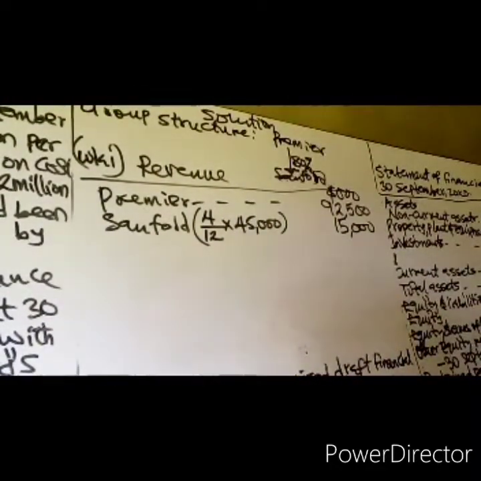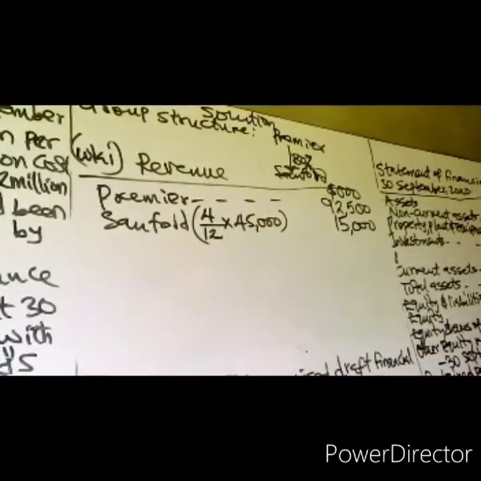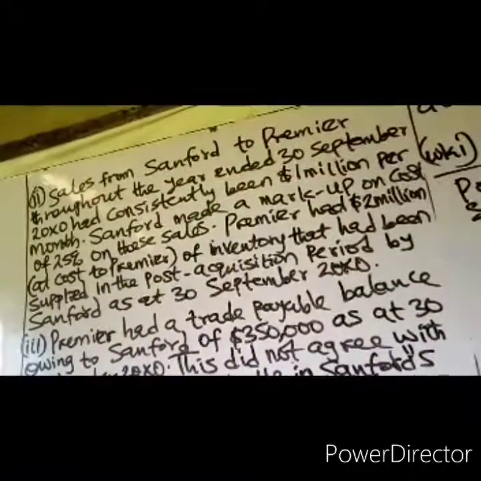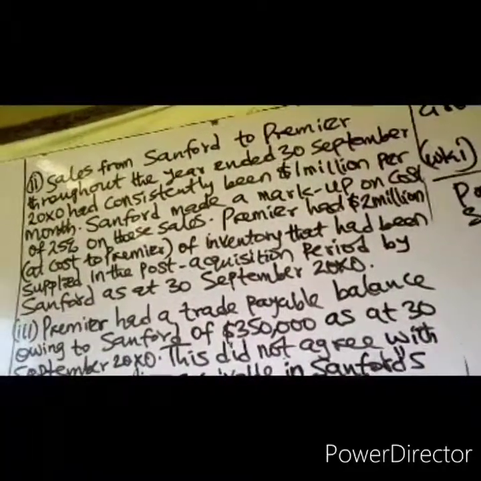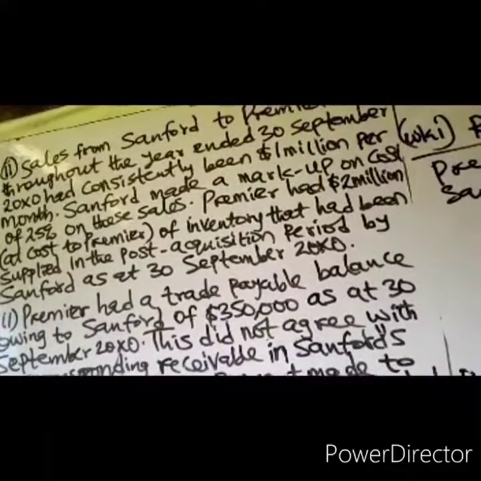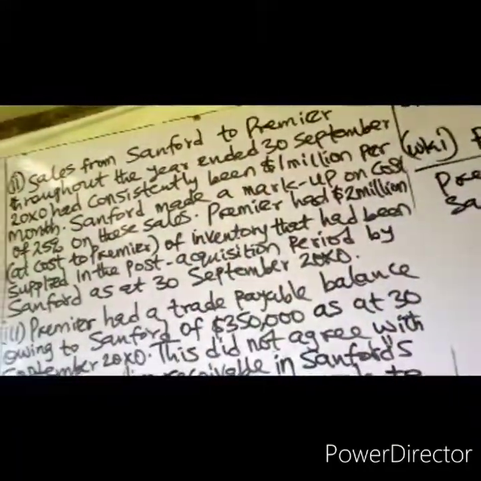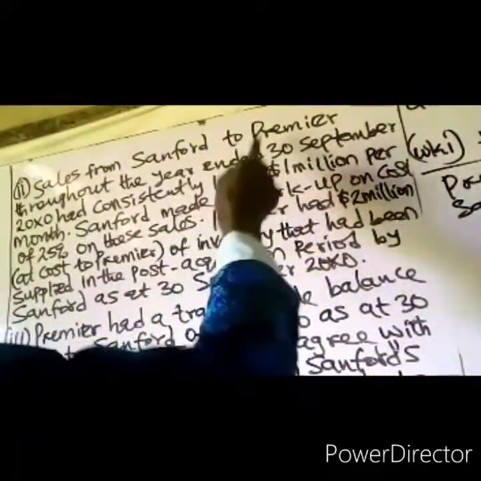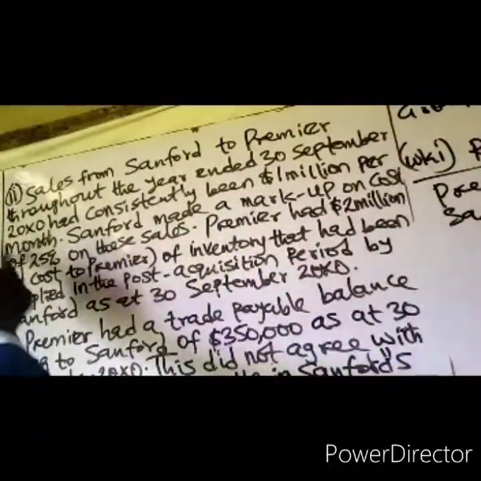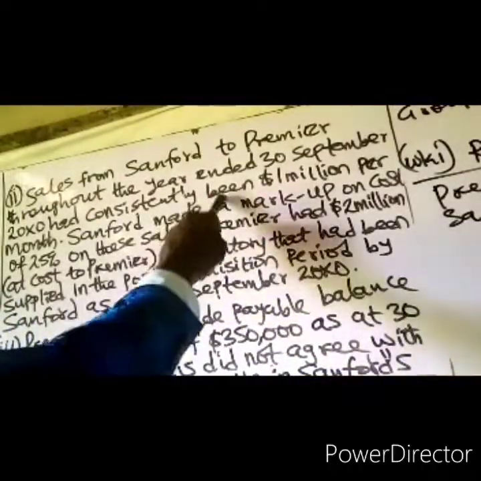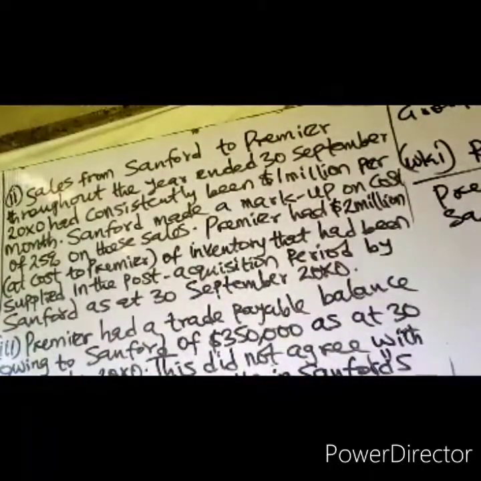You now check your note. Note 2 relates to the transfer of inventory. Sales from Sanford to Premier throughout the year ended 30 September 20x0 had consistently been 1 million per month.